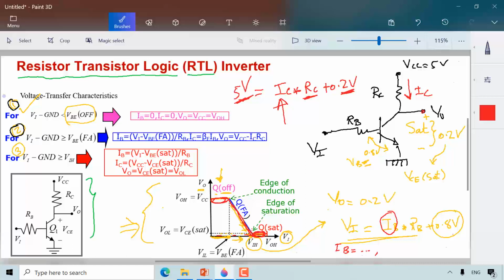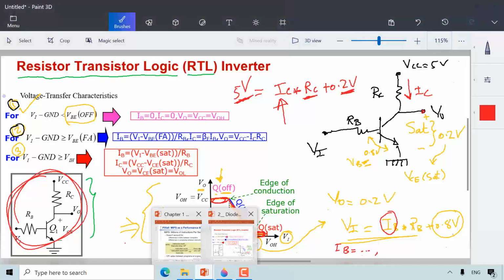Please note that in the quizzes and the exam, the values of RB and RC will be given, along with an input value, and you have to determine the saturation region, the forward active region, or the cutoff region, and find the output. So be prepared for such questions. This is the inverter.